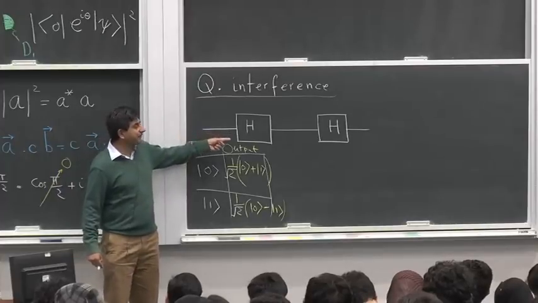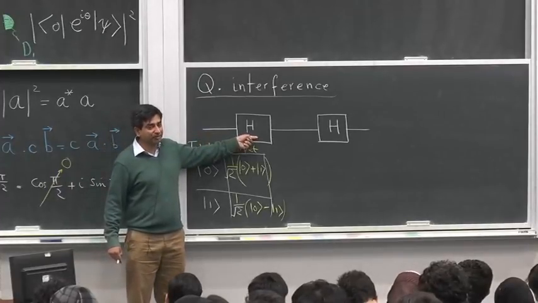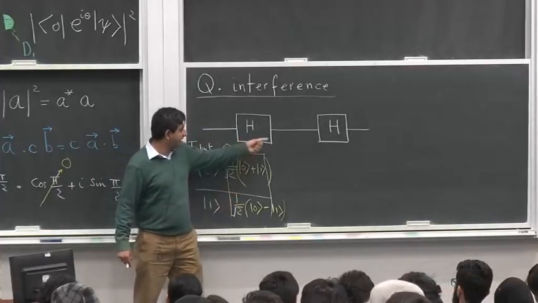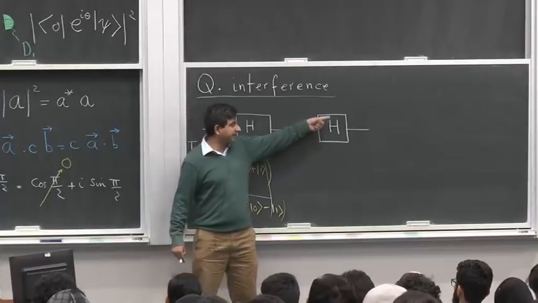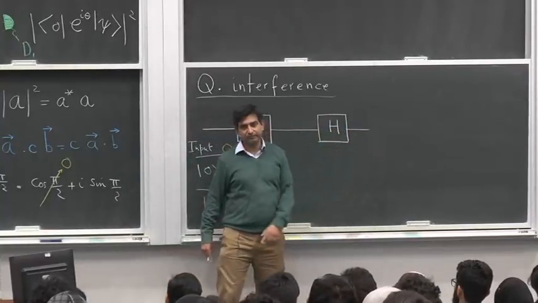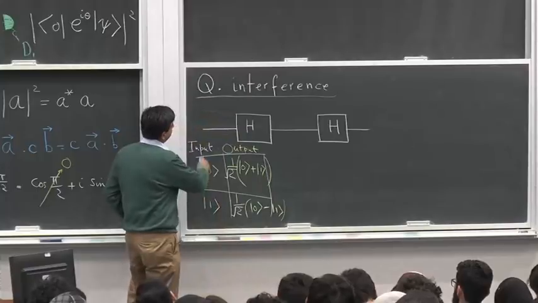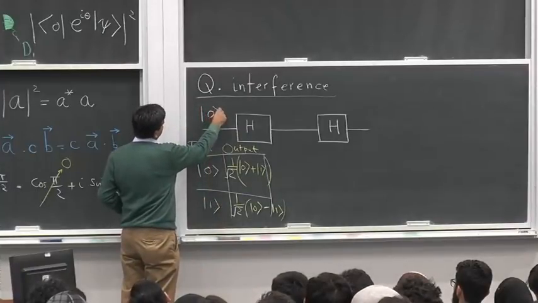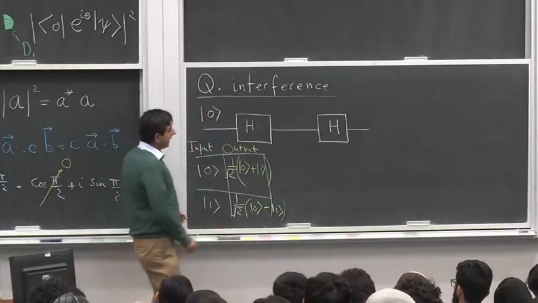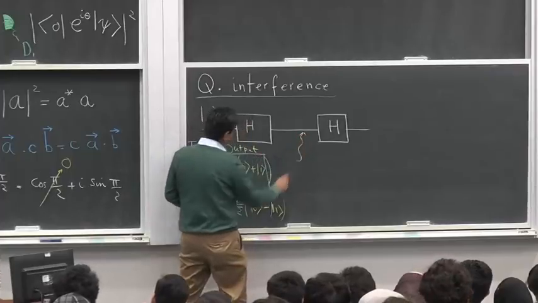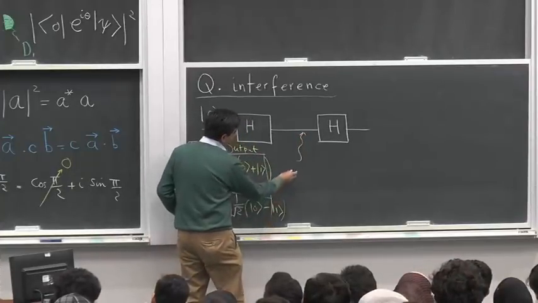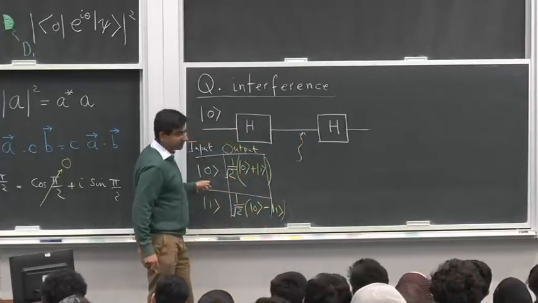Now some input comes in, it sees this logic gate, quantum logic gate, which is a Hadamard gate. Some output comes out here, then another Hadamard gate and an output. And in the previous lecture we saw that if my input is ket 0, at this particular point I would get this state because this is my input.